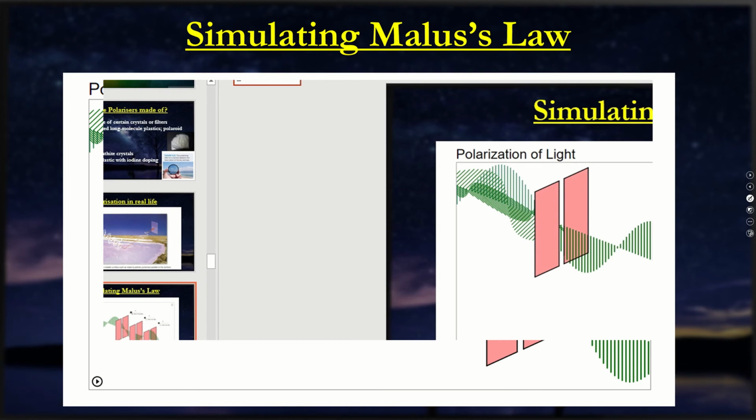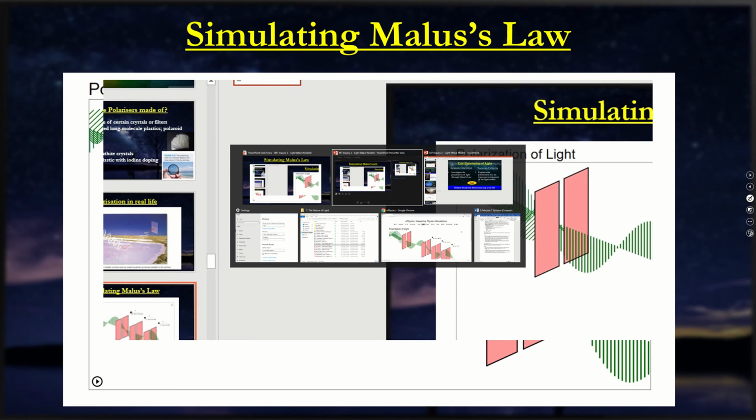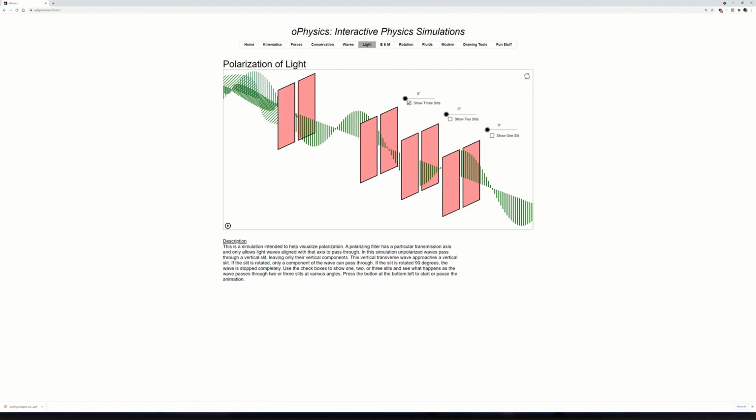All right, the next thing we can show is an actual simulation of how polarization works. So this is what we have here. We have polarization of light. Let's have a look. So we're running it through.